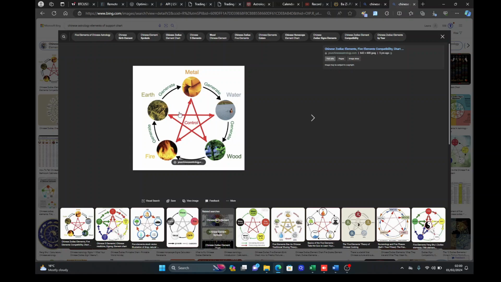They're involved in the cycle of destruction, and for that reason 2024 will be an extremely difficult year for everyone, even for the winners. The winners will have to fight with their nails and their blood to get what they want. Even for the winners it will be a difficult year, let alone for the ones that are not going to be the winners. Okay, because these two elements are incompatible.